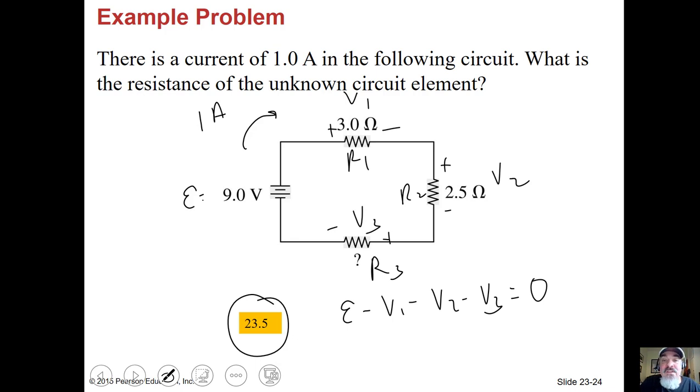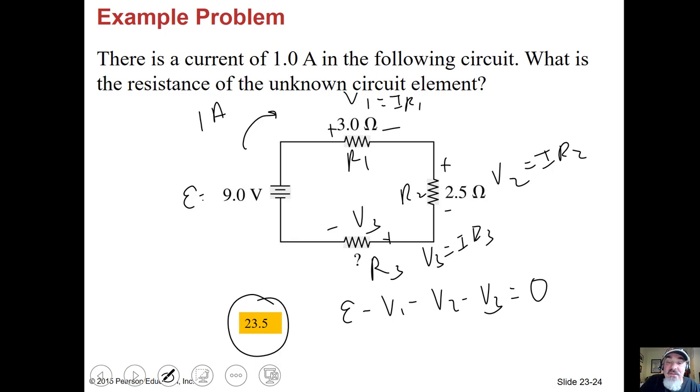Now remember, each of these, like V1, would be equal to I times R1. So I actually know how much that is. V2 would be I times R2. So I know how much that voltage drop is. V3 would be I times R3. I don't know what R3 is, though, so I can't figure out V3 as it is.